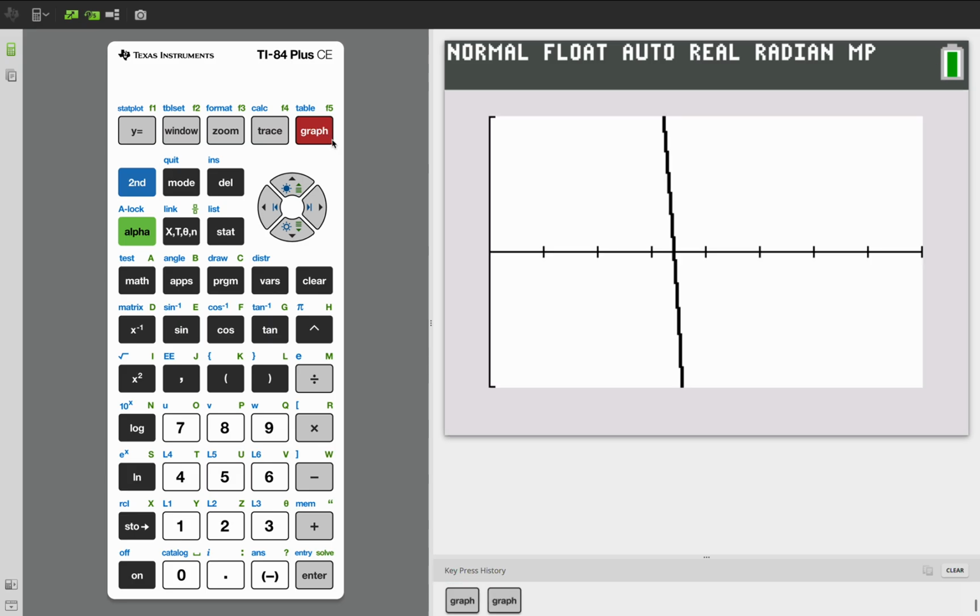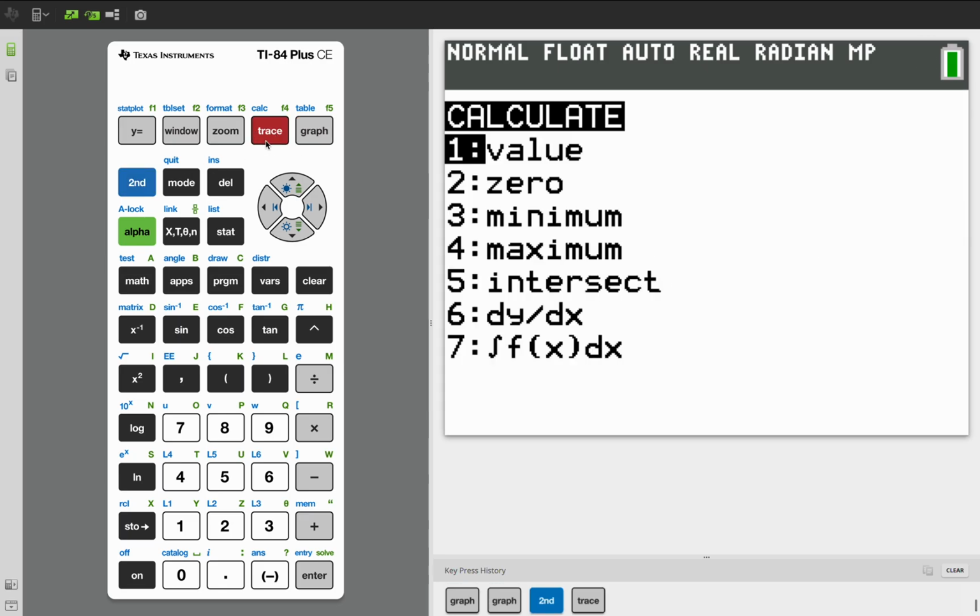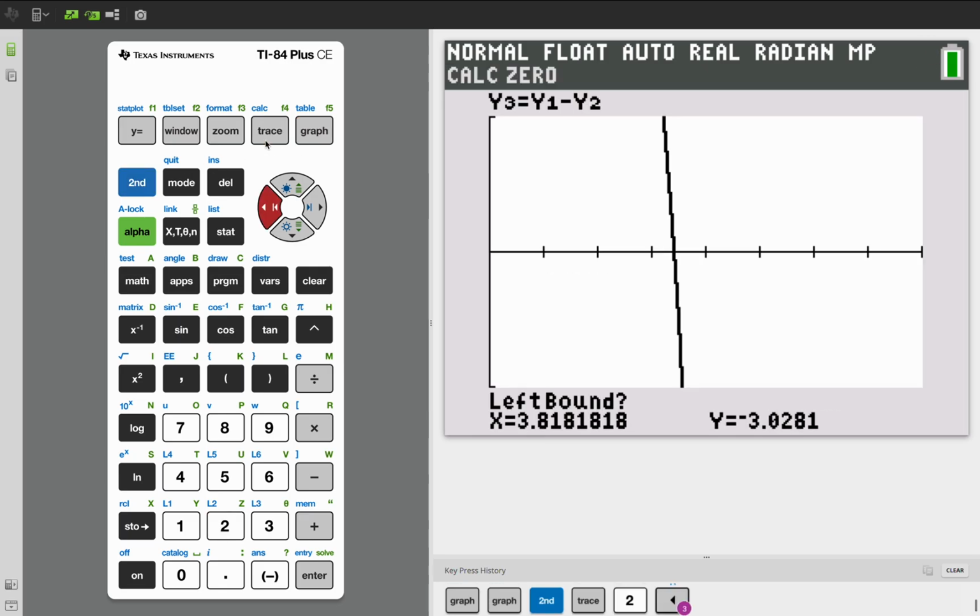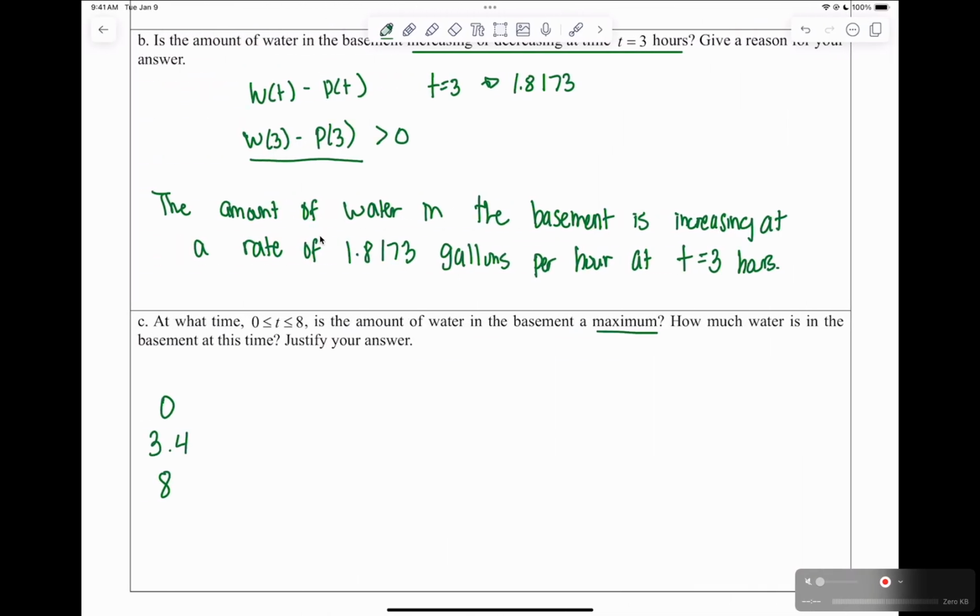So from 0 to 8, we have 1 critical point at 3.4. Remember that since this is an absolute maximum, we are going to include my endpoints of 0, 3.4, and 8.